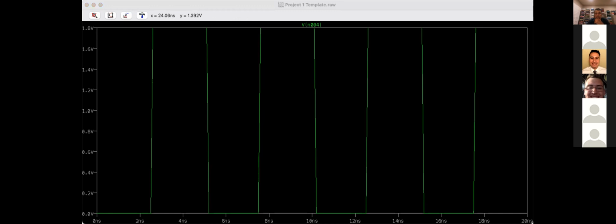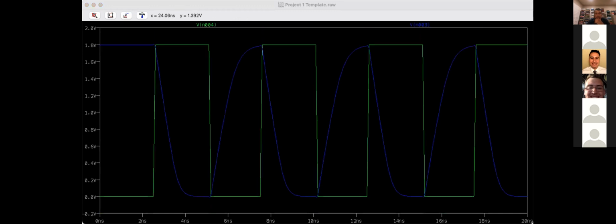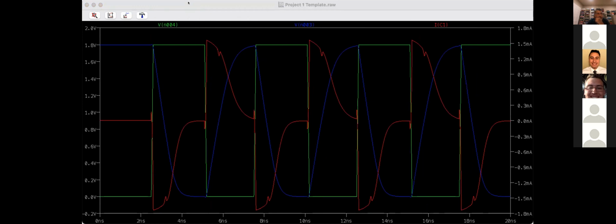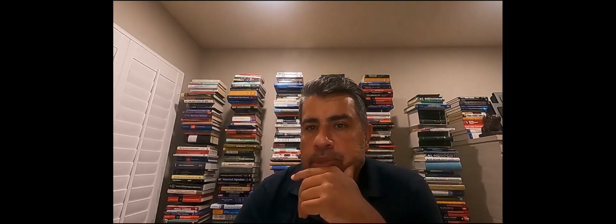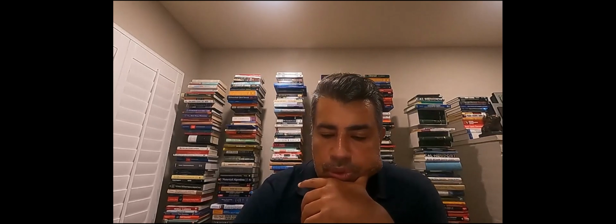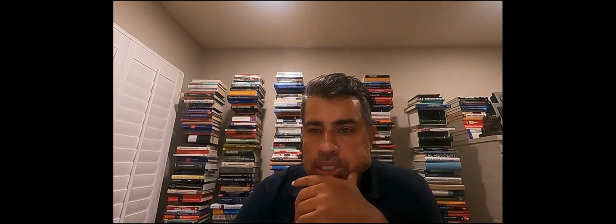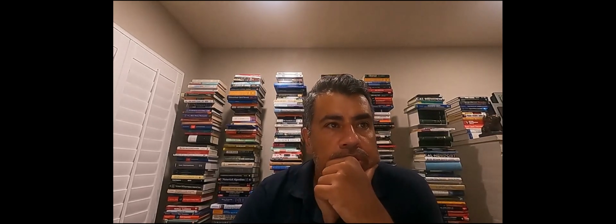Okay, so now let's look at the output of this inverter. Let me change this, because I have a ton of capacitance at the moment. I'm telling you to start with 10 femtofarads as the starting capacitance. So let me resimulate with 10 femtofarads.